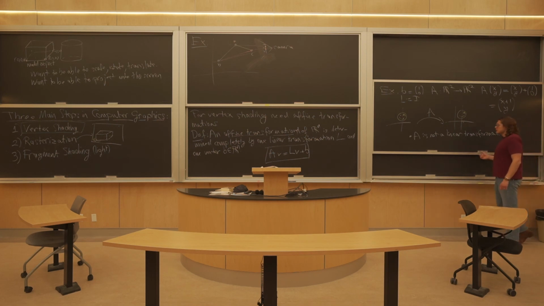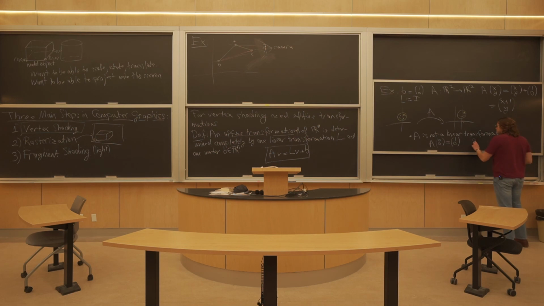Exactly. Well, you can do that, but perhaps I can do something slightly different. Let me see where A takes 0, 0 to. Well, A takes 0, 0 to 1, 0, because it's shifting it to the right by 1 unit.